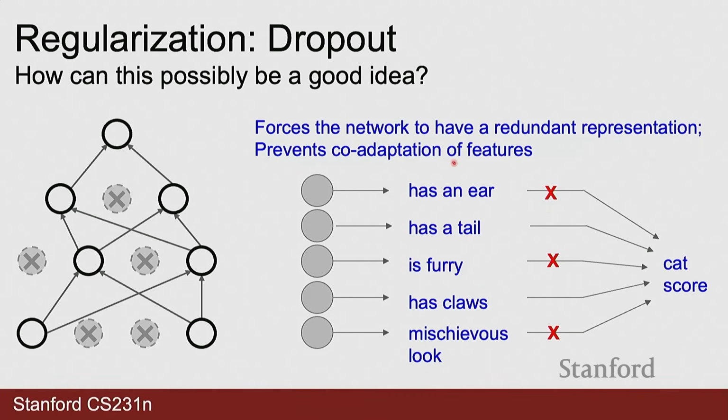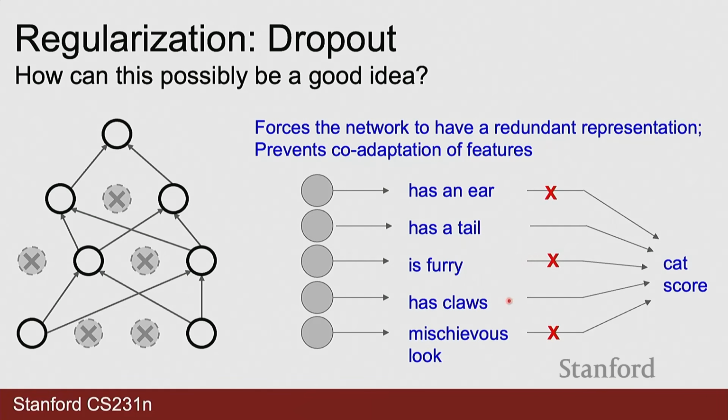One thing that's useful about this is that some of these values might randomly be dropped out during training, so your model can't over-rely on certain features being present in some of the classes, and actually needs to learn a more broad set of correspondences between your features and your output classes. So the model can't just hard focus on, well, if it has an ear and is furry, it just so happens that these are always cats.